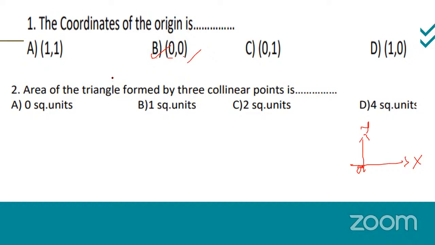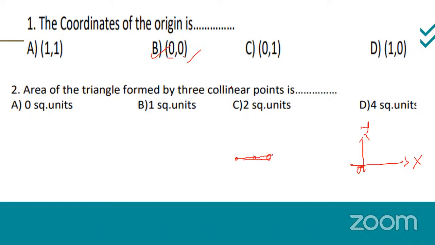Remember. Next, the area of the triangle formed by 3 collinear points is, okay. 3 collinear points means, if we find the area of the triangle, the points are collinear. Collinear means in the same direction.